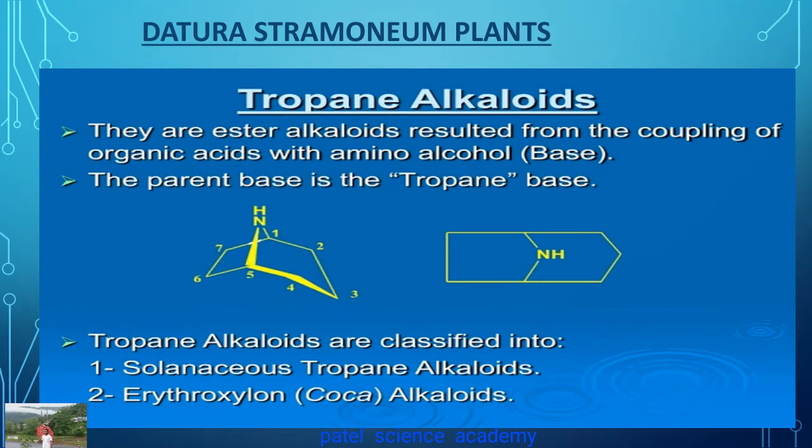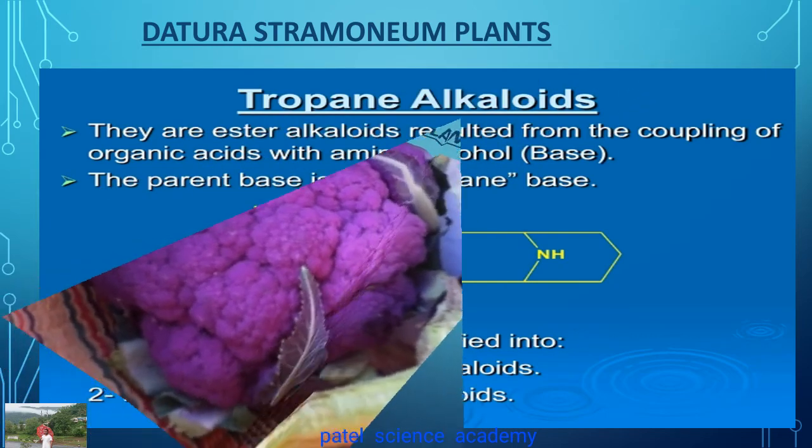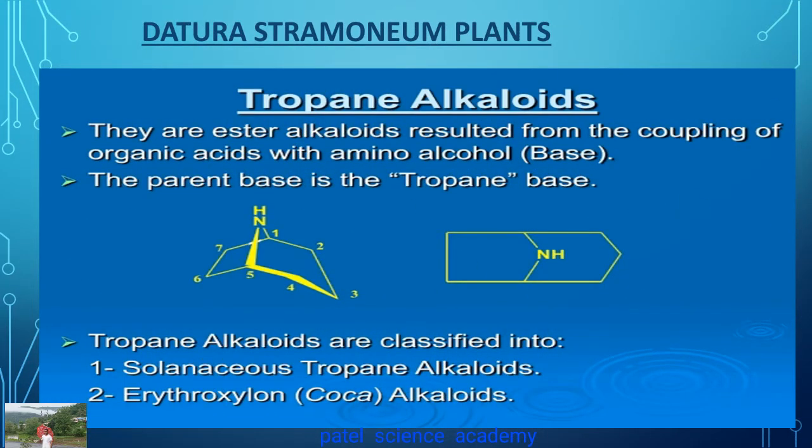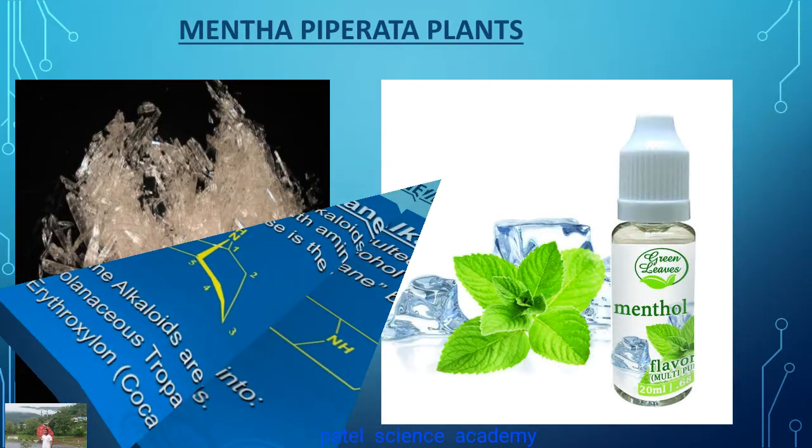Then the Datura stramonium plants, the tropane alkaloids. These tropane alkaloids are actually ester alkaloids resulting from the coupling of organic acids with an amino alcohol base. The parent base is the tropane base. So this is the secondary metabolite of these plants.